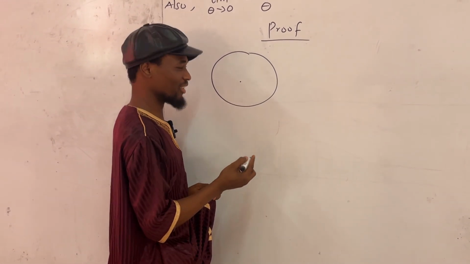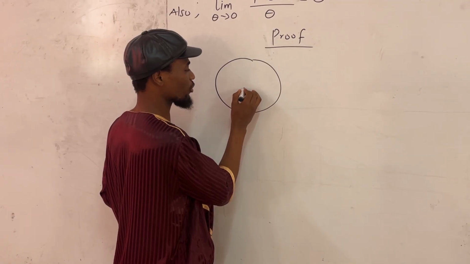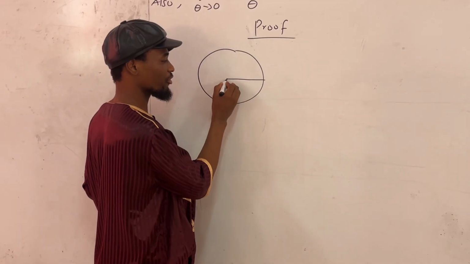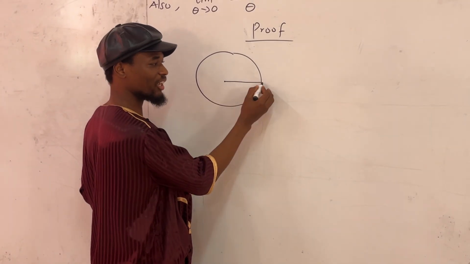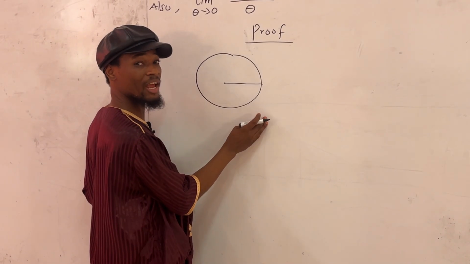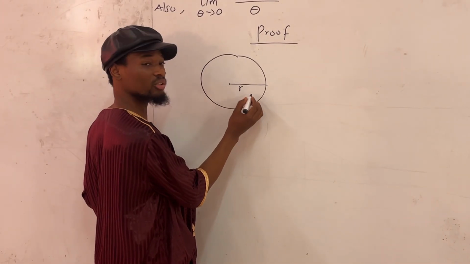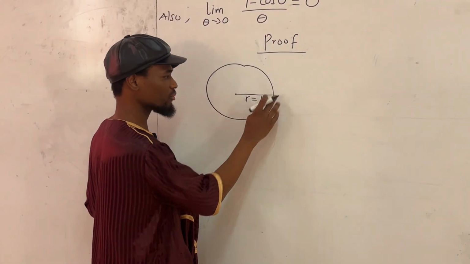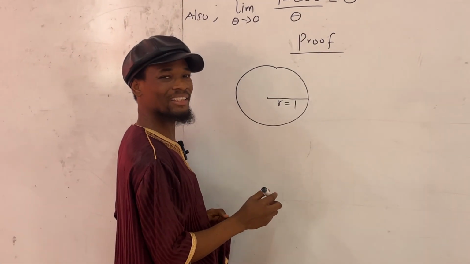Do you get it that way? Yes. So when you draw a circle and when you draw a line from the center to touch any point on the circumference, it's called what? A radius. So this is radius with the magnitude of 1. Now, let me draw a tangent, okay?